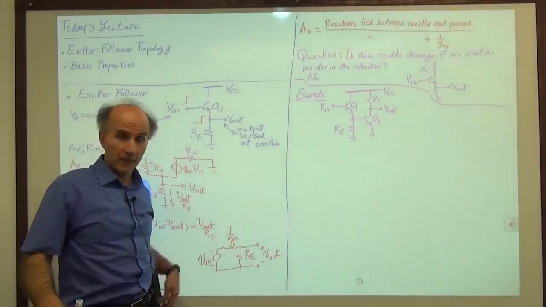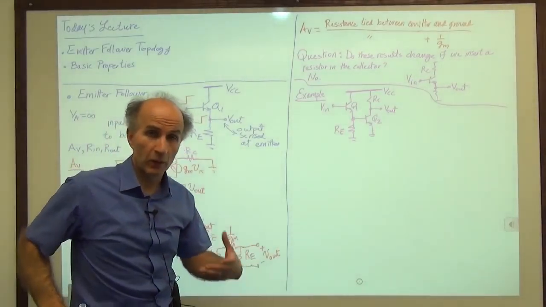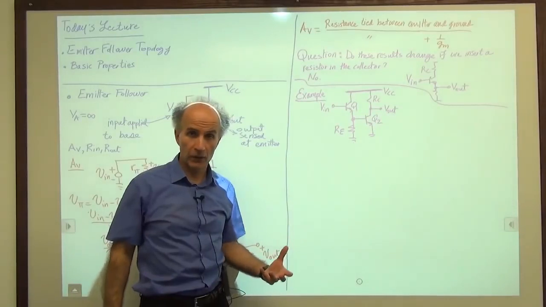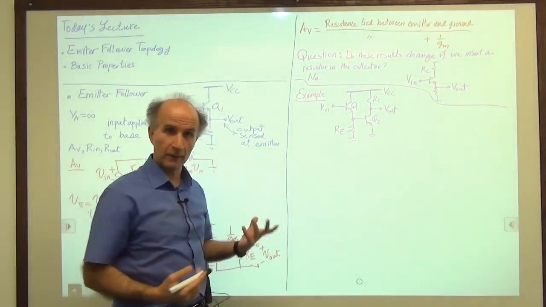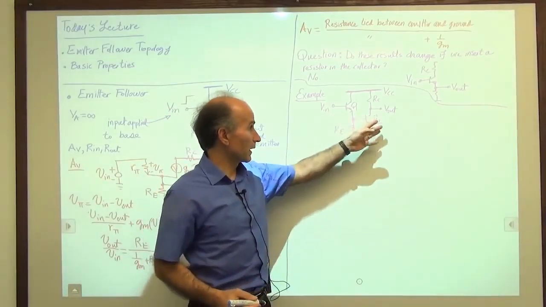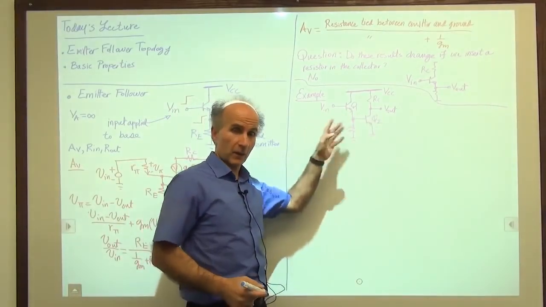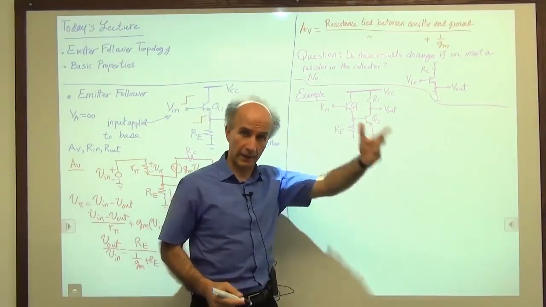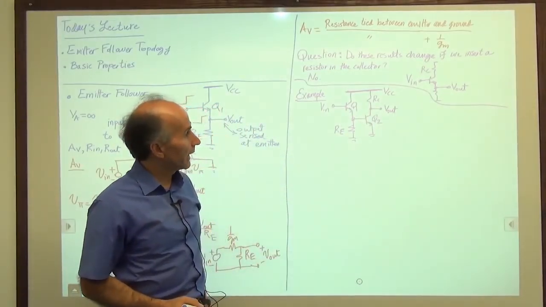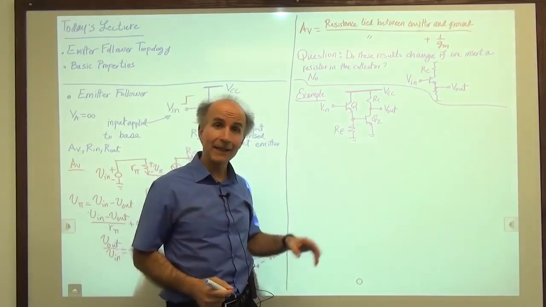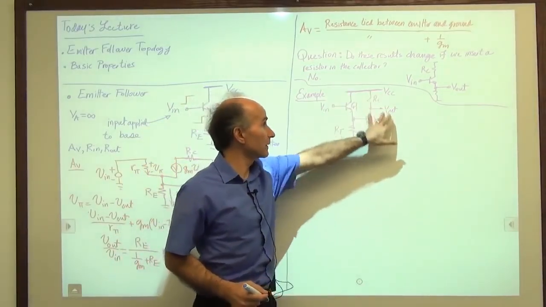So you can see that as we become familiar with more amplifier topologies, we can create all sorts of combinations and permutations, right? Emitter follower with a common emitter stage, or common emitter stage with an emitter follower, etc. So here's one example of that. Again we have a cascade of two stages.